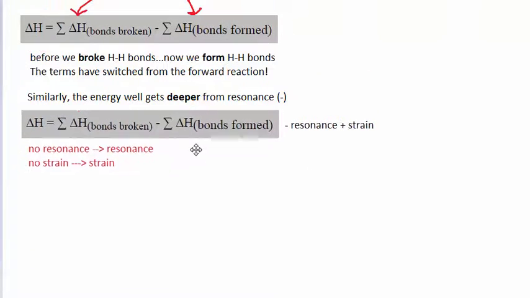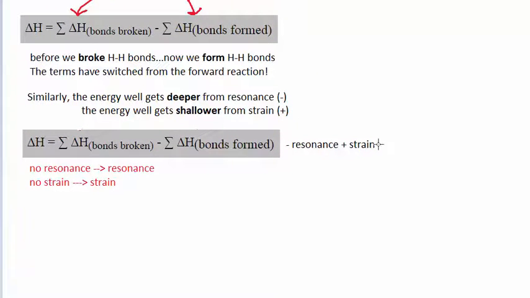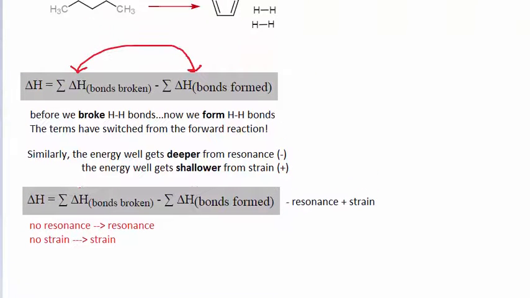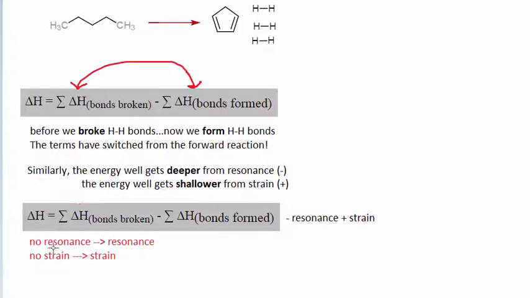So notice what I'm saying here. The sign convention depends on what sort of reaction you're looking at. So here we're going from no resonance to resonance and no strain to strain, and our resonance and strain flipped signs. Similarly, our bonds broken and our bonds formed switch places, so the overall reaction's magnitude flips. Again, we went from 90 to negative 90.